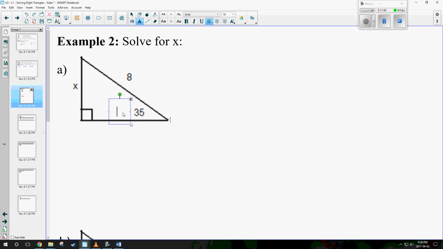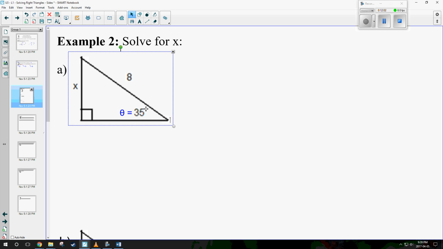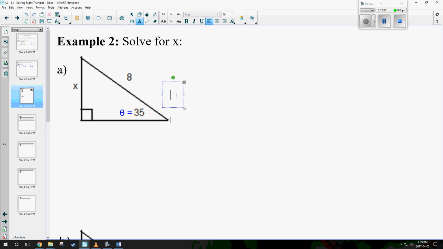So first here, because this is inside the triangle, we know that that is our angle of theta. So our angle is 35 degrees. Our angles are always measured in degrees, which is just that little O symbol.